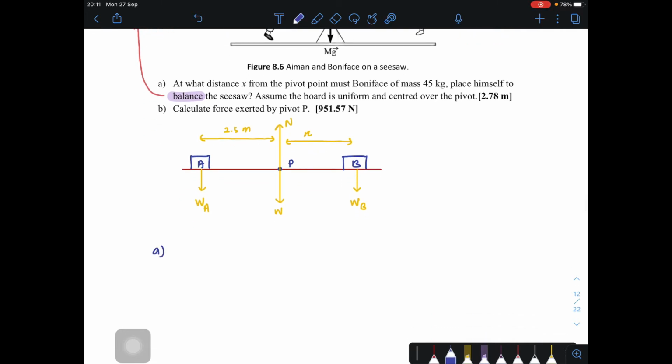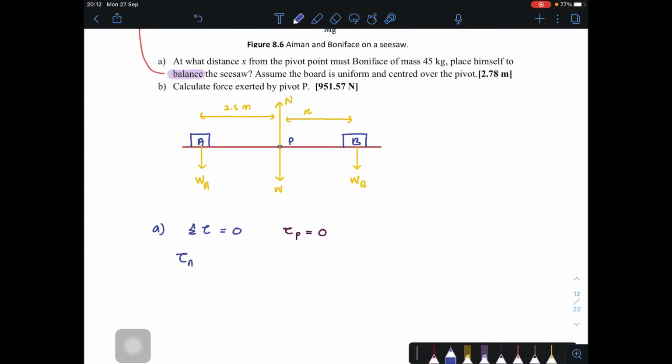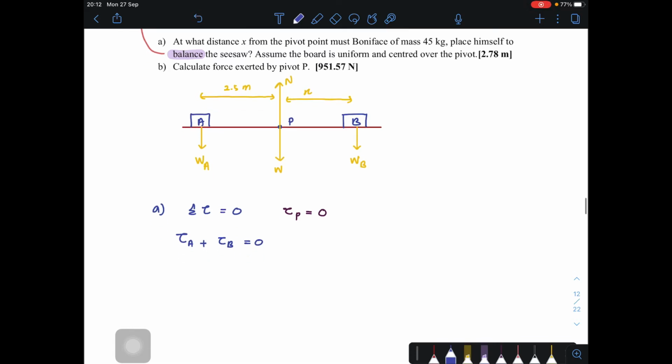Okay, so first, the sum of torque is equal to 0, where our pivot point is at P. So remember, the torque at P will be equal to 0. So now we only have the torque on A and on B. So TA plus TB is equal to zero. So that's the first one.